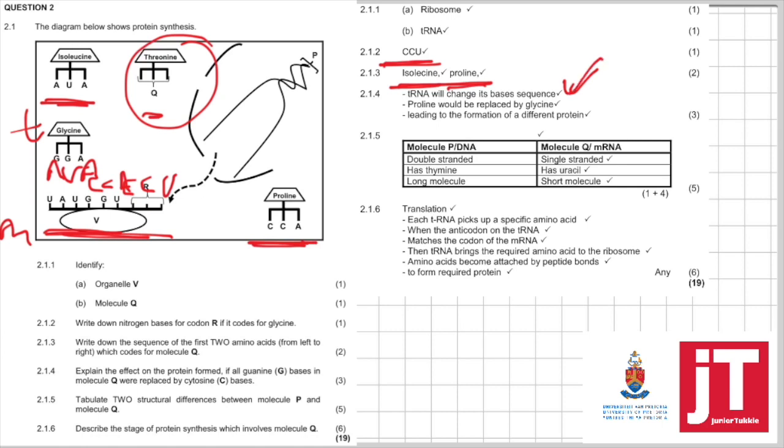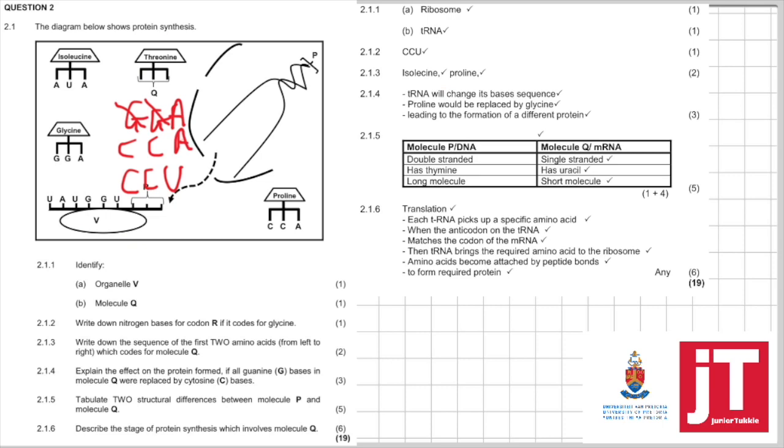Proline. So if you look at the picture, Q is GGA. Now they're telling you this GG is replaced by CC, so CCA. And so that's why the proline will now be replaced by glycine, because obviously the amino acid that will code for this will be glycine. And it will lead to a different protein forming.